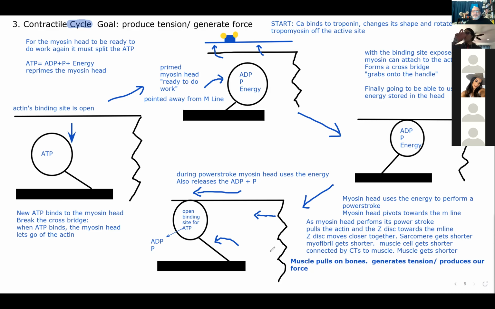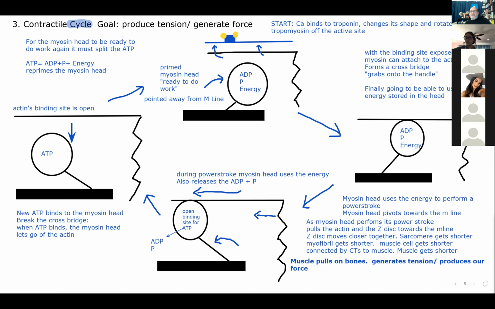on the Z disc, shortening our sarcomere, shortening our muscle cell, generating that force, moving our body through space, using up its energy and releasing the ADP and phosphate. So then a new ATP can bind, breaking the cross bridge, and then it can split that ATP into ADP, phosphate, and energy, and the process continues.